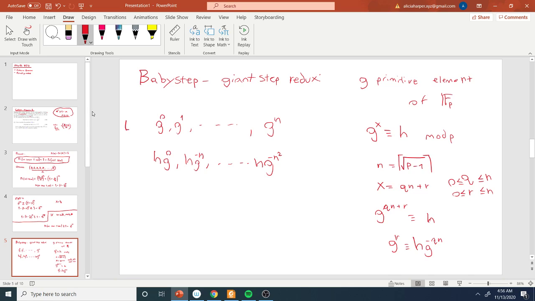And if in list 1 and list 2 you can find two matching elements that evaluate the same thing mod p, then you can use this to find a solution to the original discrete log problem. This is the baby step, giant step algorithm.